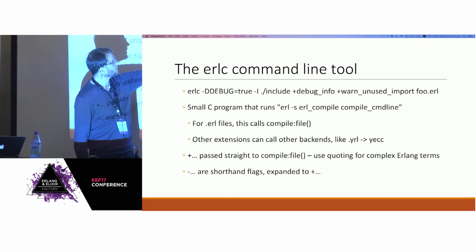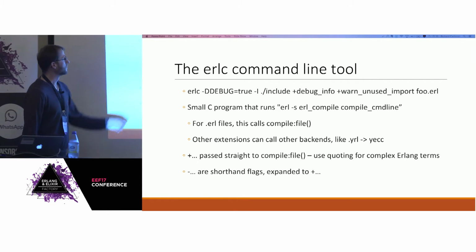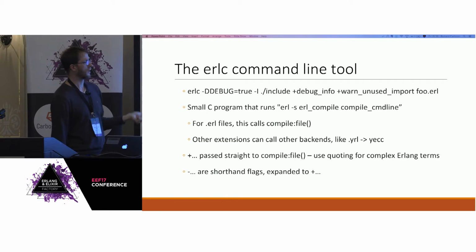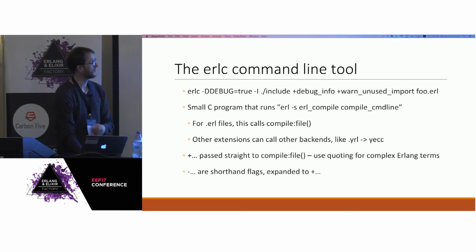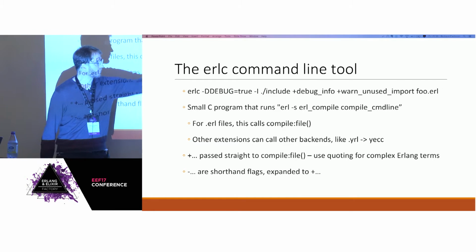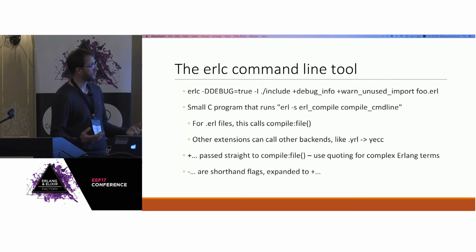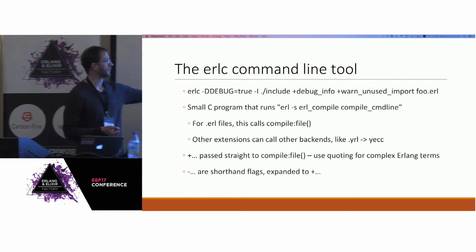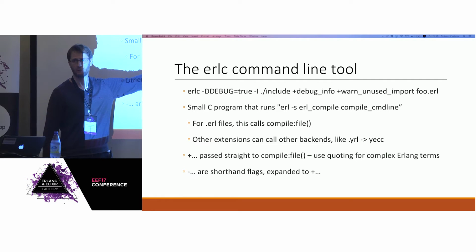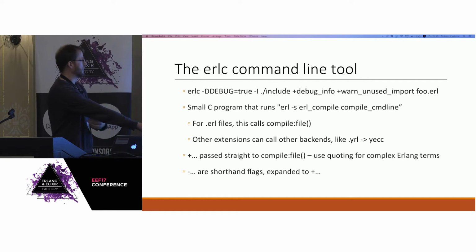And you can add options like debug_info and warn_unused_import, etc. So erlc is really just a small C program that's a wrapper which runs the real erl emulator and passes on a couple of flags to say, run this module on this function and pass the rest of the options to it. And that module will check if there's a .erl extension, and in that case, call the regular compile:file function. So it's just a simple wrapper making things easy for you.